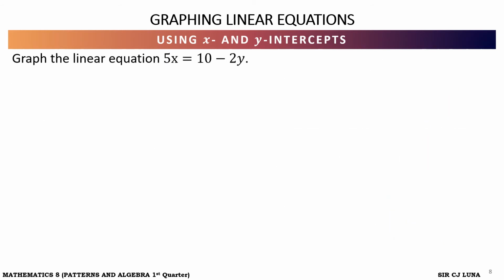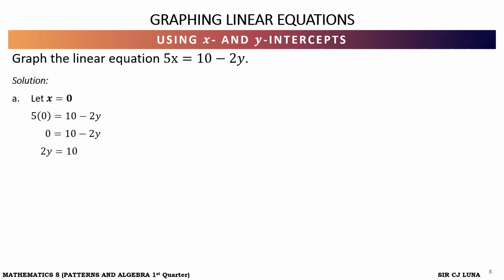Example number 2. Graph the linear equation 5x equals 10 minus 2y. So first step is we have to solve for the y-intercept. So we will let x be 0. We have 5 times 0 equals 10 minus 2y. So we have 0 is equal to 10 minus 2y. Next is we have to transpose negative 2y.